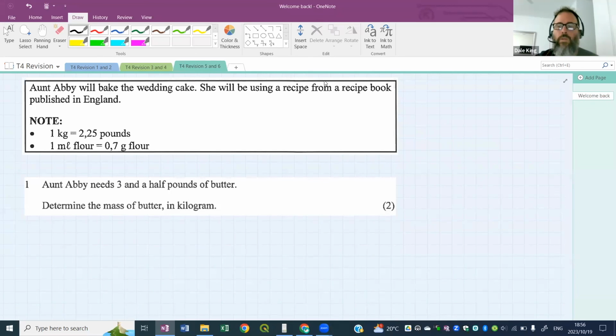Can you guys do the one for me, and then we'll call it a night? She needs 3.5 pounds. What is that in kilograms? Last one, guys, and then we call it quits. Use the conversion they've given you.